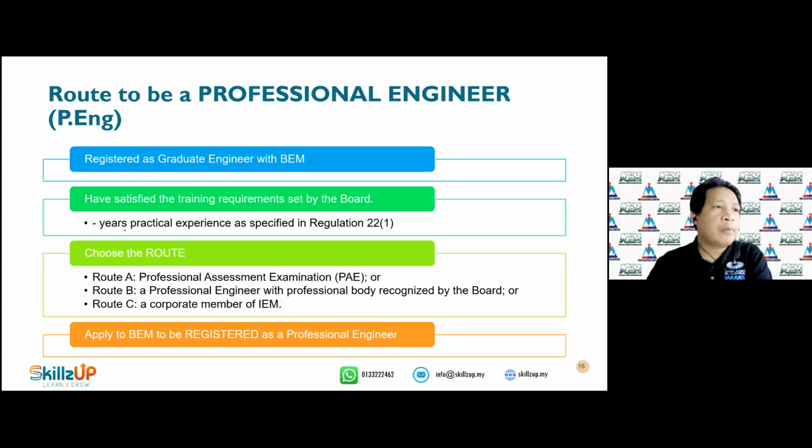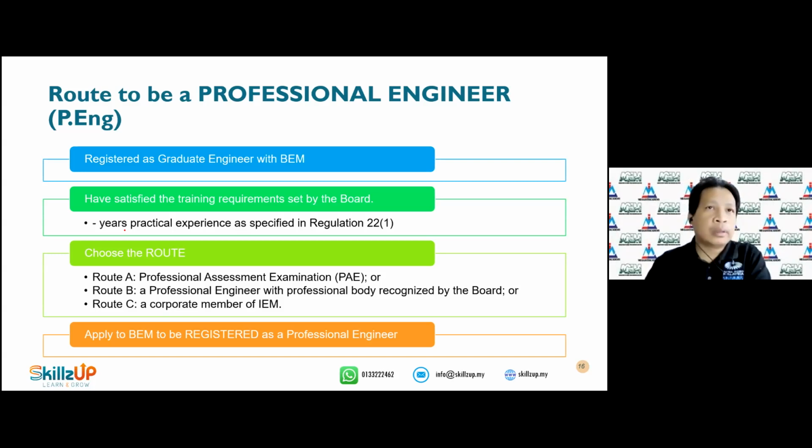Okay, basically 1 year is the minimum, but in a normal case we look at 3 years and more from your first degree. It's not easy, for example, within 1 year, to then apply to become a professional engineer.